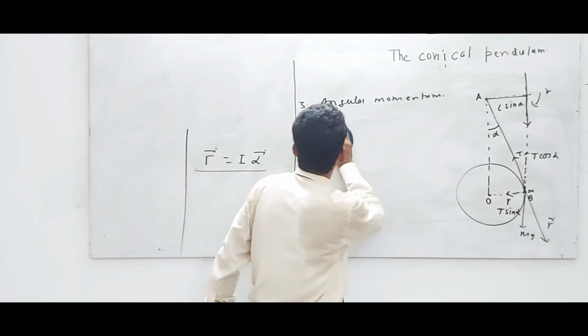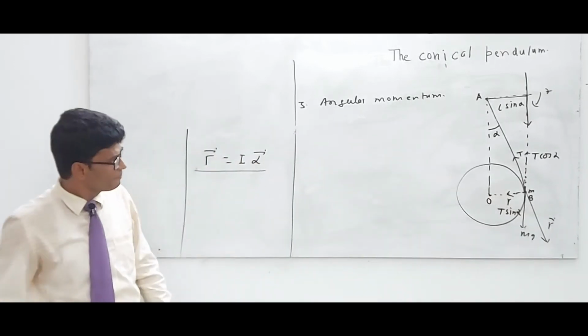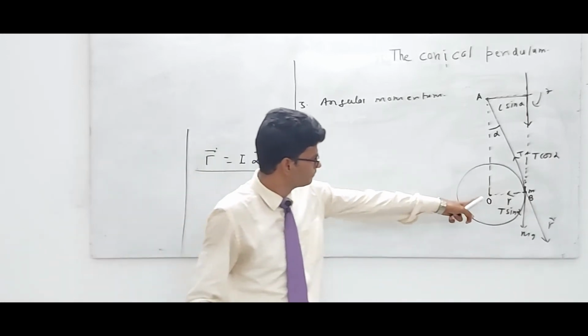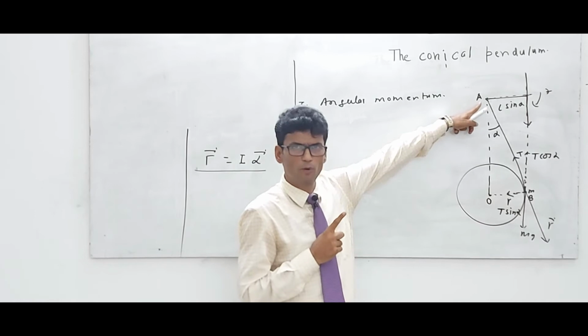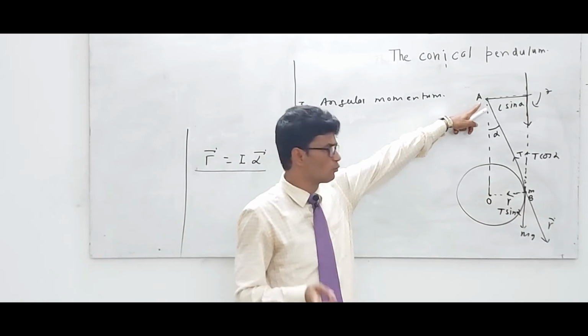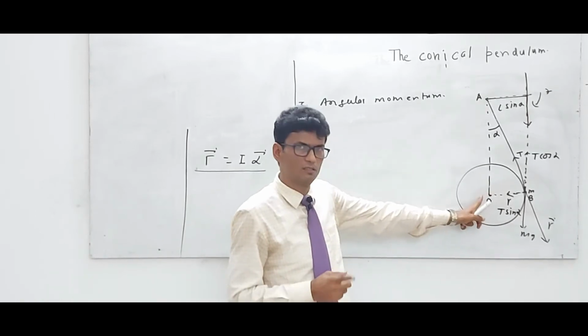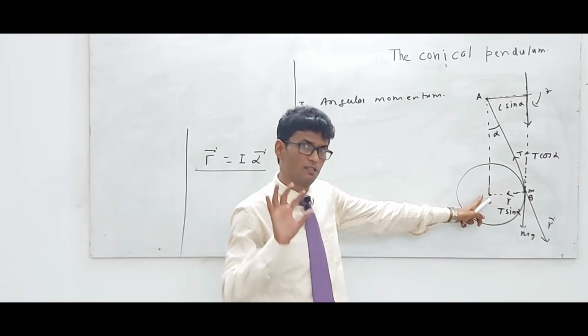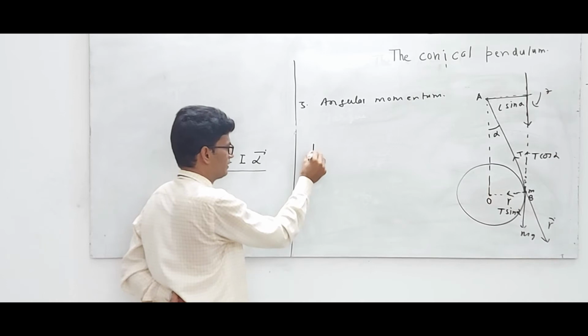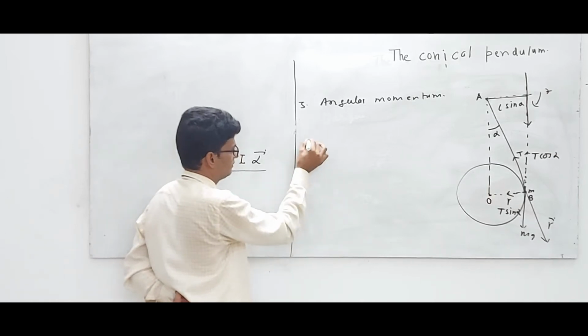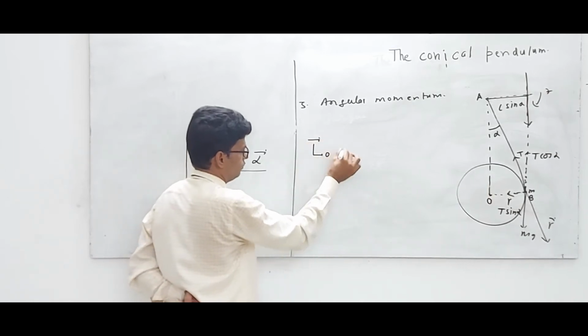So angular momentum, the same, about this point, the center of the horizontal circle. Again we will take the point of suspension. So firstly we are going to find it about the center of the horizontal circle. Angular momentum we usually represent with a capital letter L, L-O.